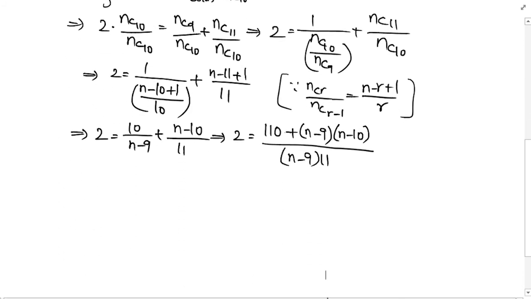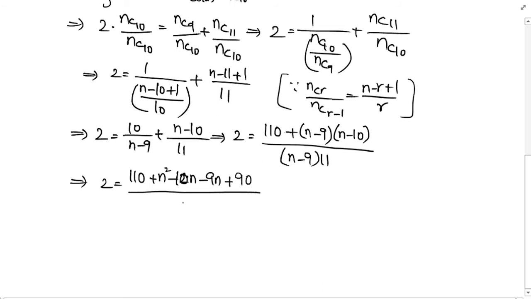So 2 is equal to 110 plus n square minus 10n minus 9n plus 90, divided by 11n minus 99.